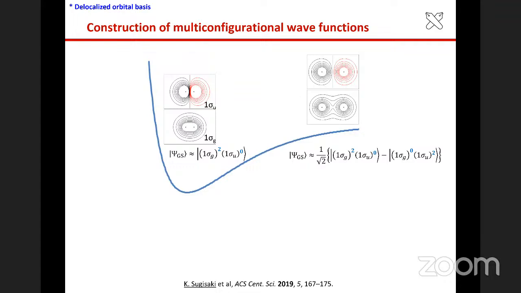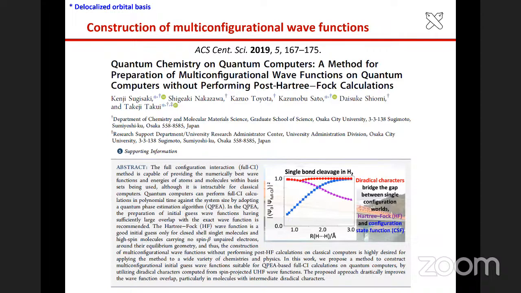The basic idea is the construction of a multi-configuration wave function. Roughly speaking, Hartree-Fock is a single configuration. Somewhere in between, we have to consider more than one Hartree-Fock determinant, or more than one configuration function.